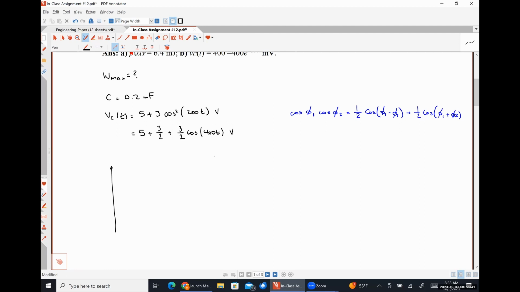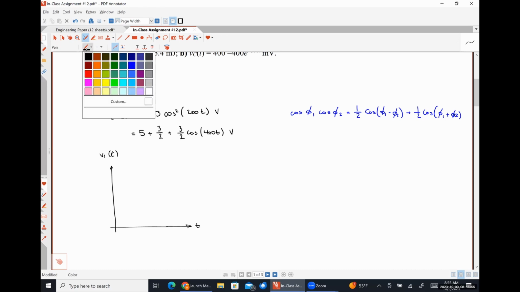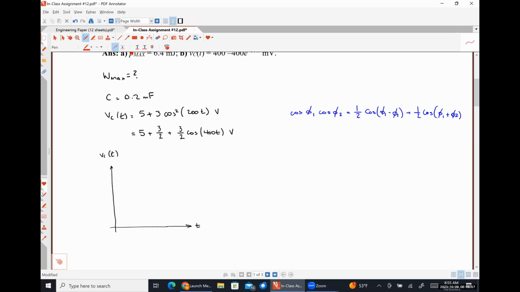So if I were to plot this function of VC, what would it look like? I would argue that I'm going to have some VC offset that is 5 plus 3/2 added together. So that would be 6.5, right?